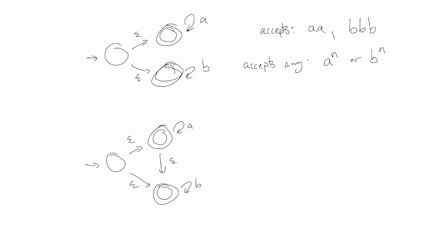What's different about this one? Actually, there are some strings which are accepted on this which would not have been accepted before. Can someone give me an example of a string which is accepted on this one, but not the other one?